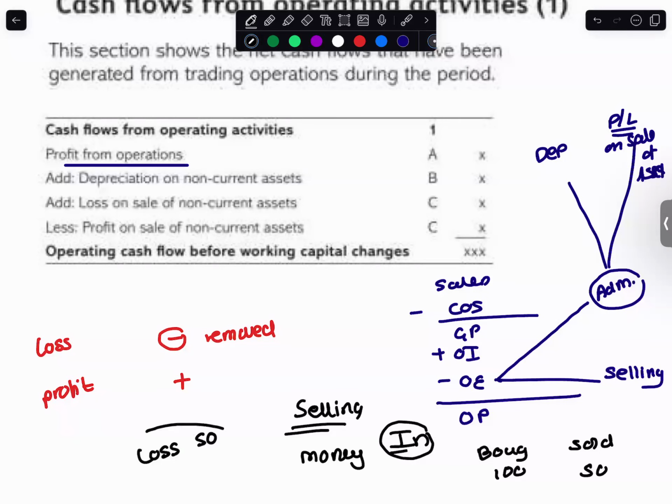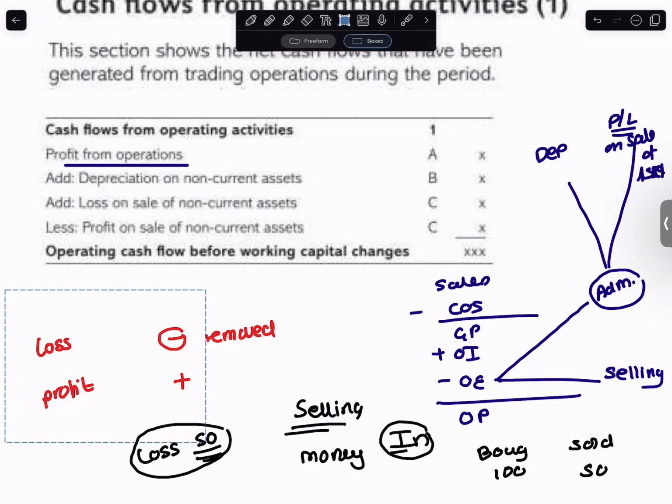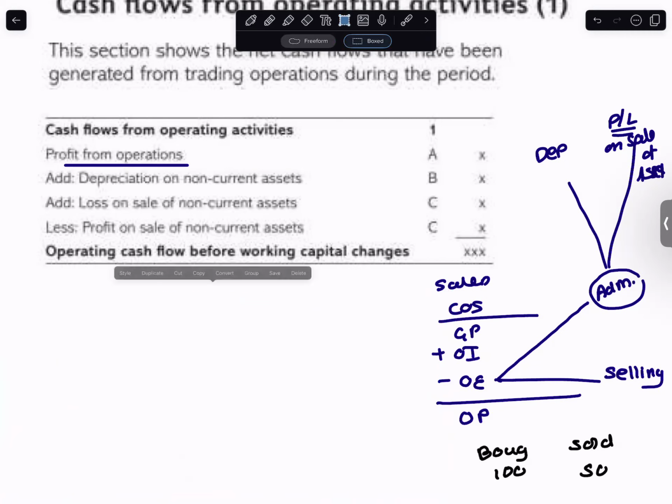This is only for your understanding that when you sold your asset, you have a loss of 50. But still, there is cash inflow in that. Inflow is how much? 100.